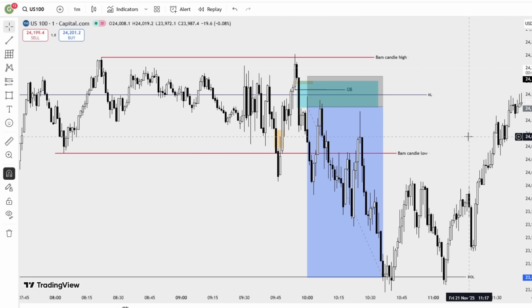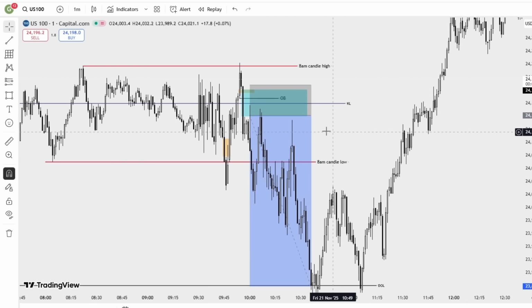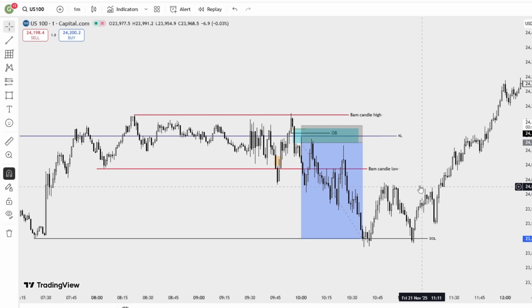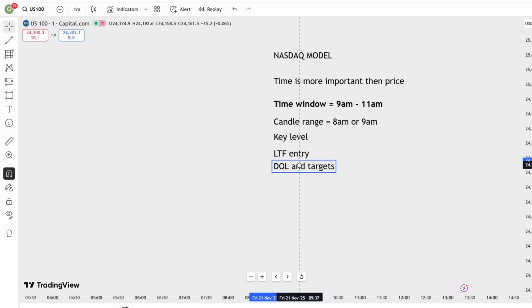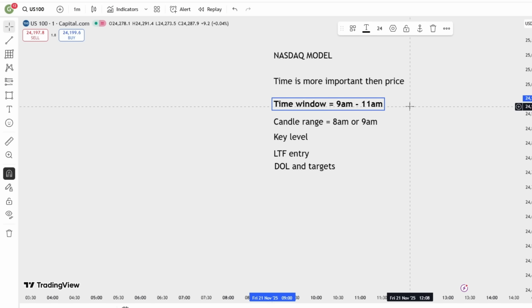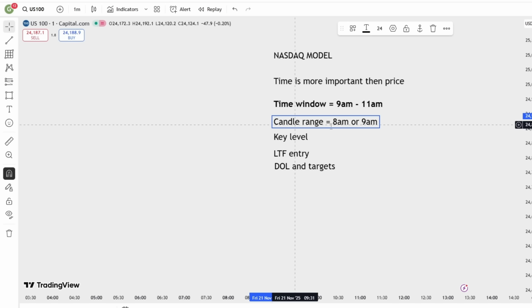Okay, so let's recap all of it right now. We have the time window, important. Candle range: you're going to mark the 8 a.m. or 9 a.m. candle. Which candle purges the key level? You can have the 8 a.m. purge the key level or the 9 a.m. purge the key level.